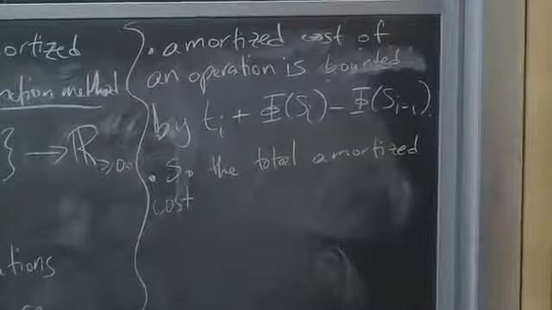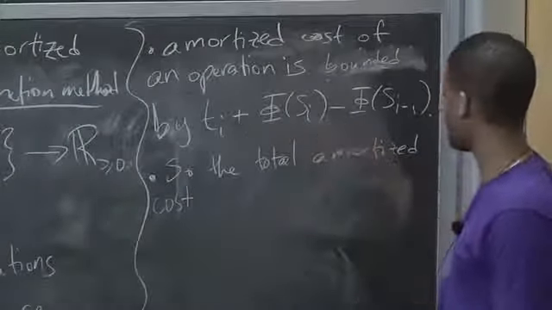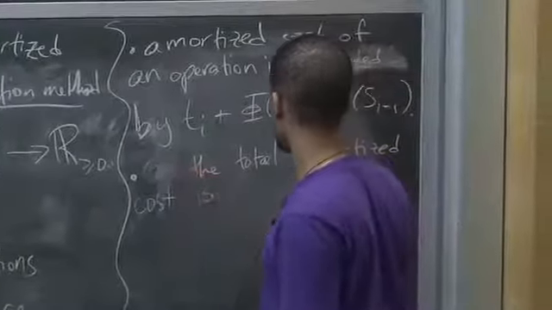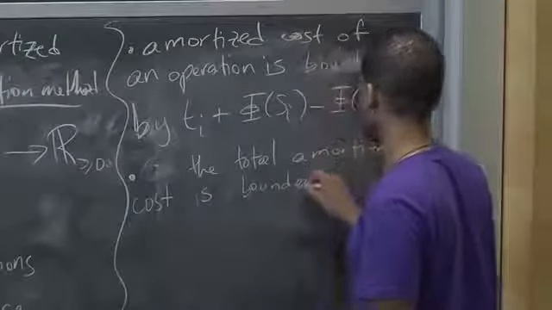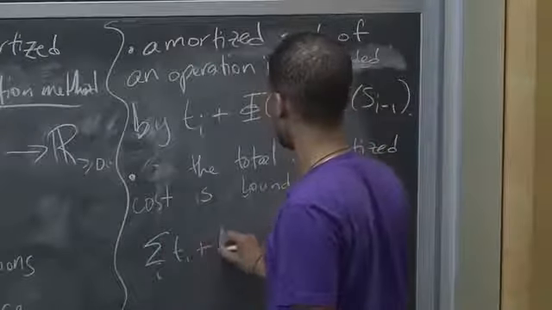And why is that the case? Well, let's sum this over all operations. So the total amortized cost, we're bounding it by the sum over i of Ti plus the difference in potential.